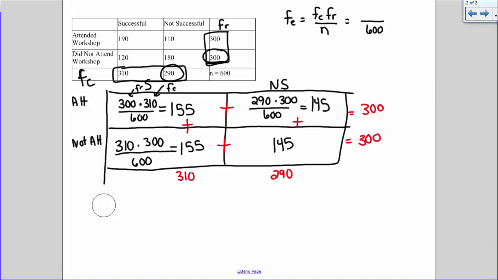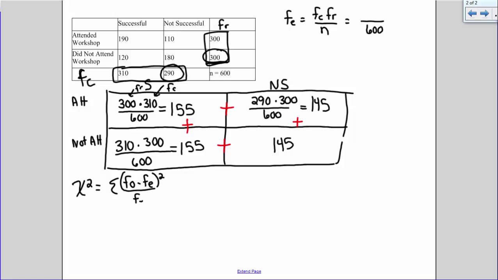Okay, so now we have all the values that we need to figure out our chi-square statistic. So chi-square equals the sum of the frequency observed for each group minus frequency expected squared divided by frequency expected. For our first group, our successful students who attended the workshop, we observed 190 of those.